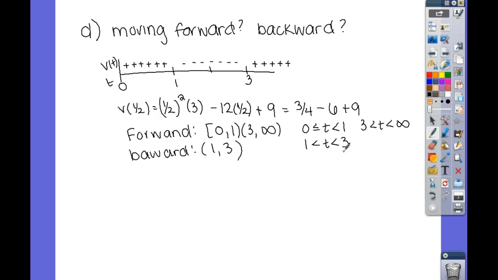Okay, letter E. E is now talking about acceleration. So the acceleration will be 6t minus 12. Part F, what is the acceleration at 4?